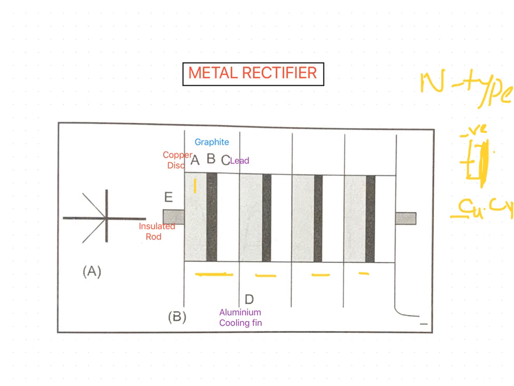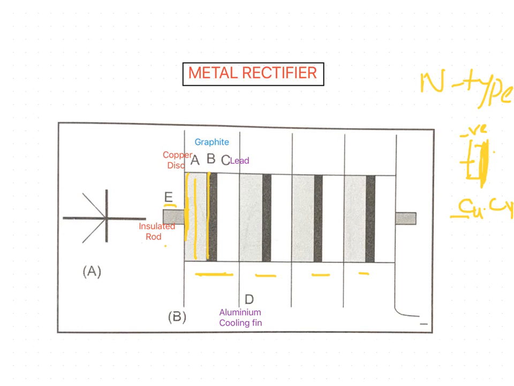Here A is the copper disc, which has been oxidized on one surface, forming the copper oxide layer, and the other surface is mounted on an insulated rod, that is E.